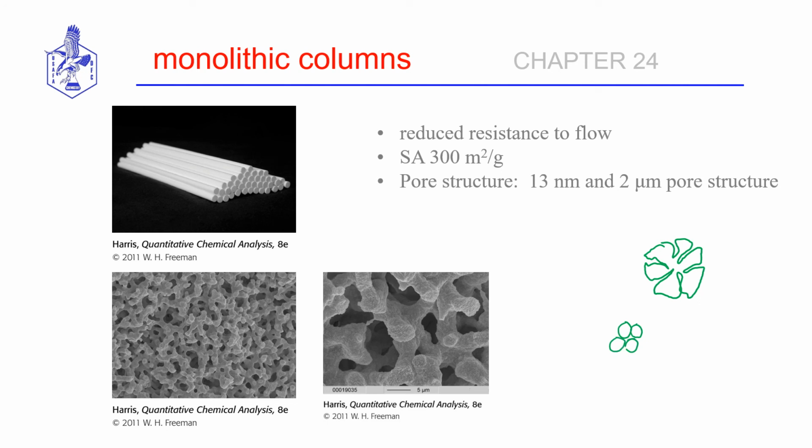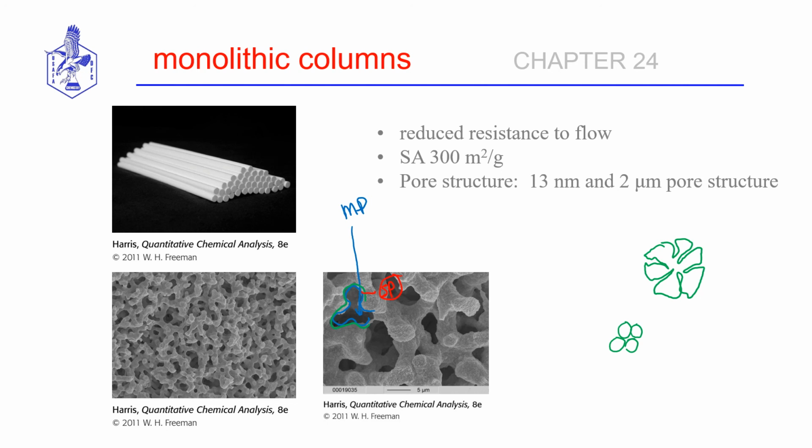The strategy is to get big pockets of open areas that will allow the flow of the mobile phase while still having a very large surface area here onto which we have attached our desirable stationary phase material.